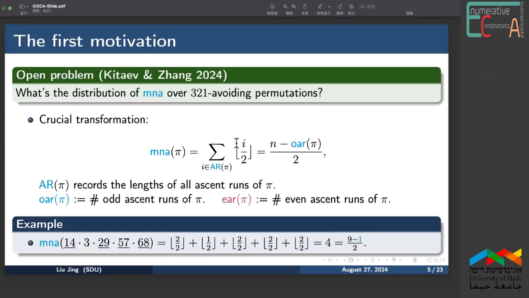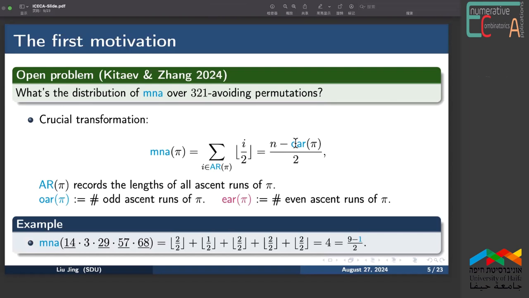Building on this, Kitaev and Jing posed the following open question. What's the distribution of MNA over 3-1-2 avoiding permutations? To address this problem, we use this formula to transform MNA into a parity statistic, odd ascending runs, which counts the number of ascending runs of odd lengths.